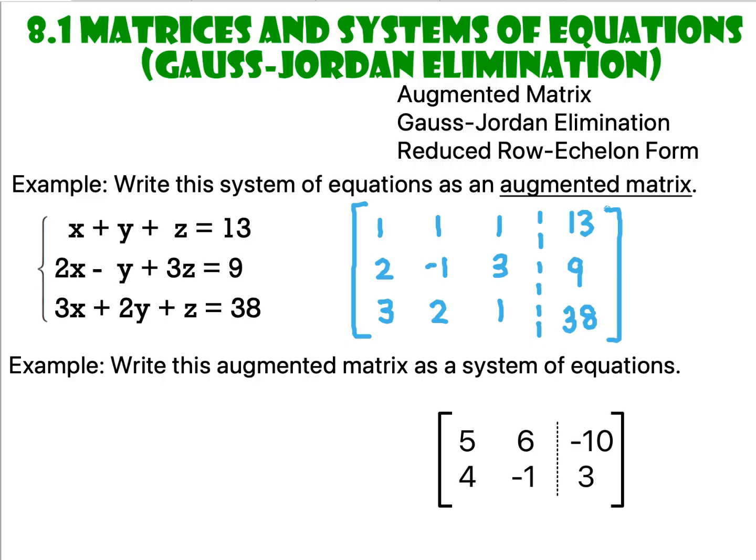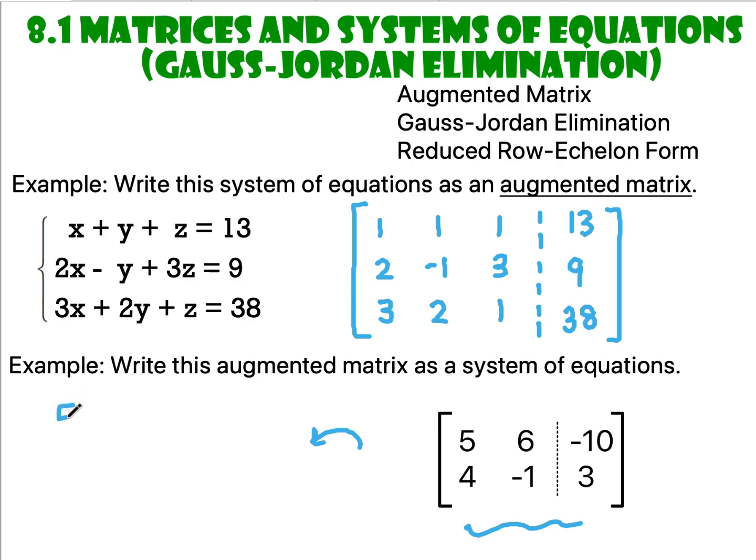called an augmented matrix. And so given this augmented matrix, can you go backwards? Can you tell me what system of equations that represents? Well, I know that these are the coefficients of the variables. Do you notice it's only kind of a 2 by 2 over there, right? So there must only be 2 variables.